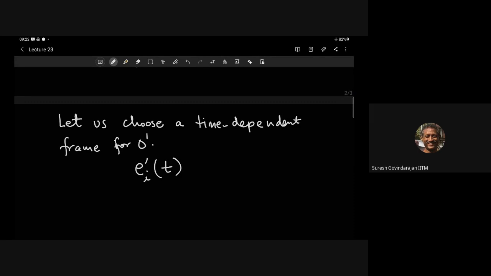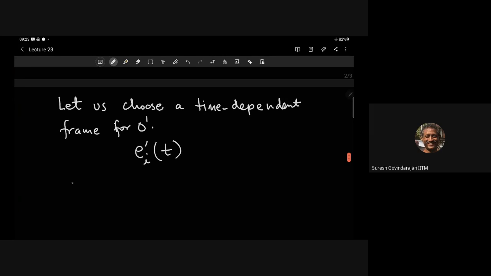Is this point clear? But we will assume that the e_i's are constant vectors, that there is no time dependence in the frame O.